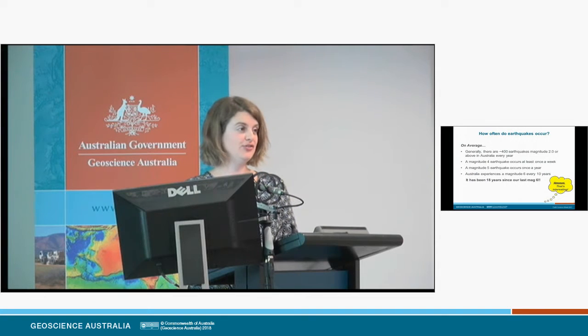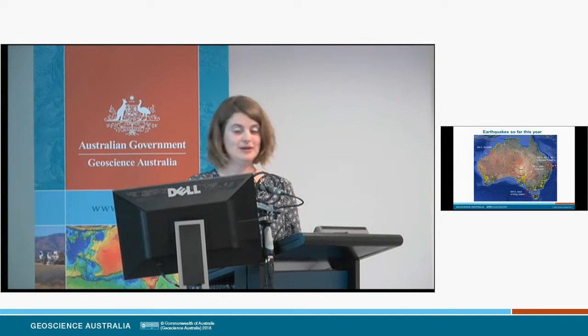We get a magnitude 4 about once a week, and a magnitude 5 once a year, and we've really exceeded that as well so far, which I'll go into shortly. We get a magnitude 6 on average once every 10 years, and as I mentioned, the Collier Bay earthquake in 1997 was our last one above magnitude 6, so it's been 18 years since our last major magnitude 6 earthquake in Australia. Isn't that interesting?